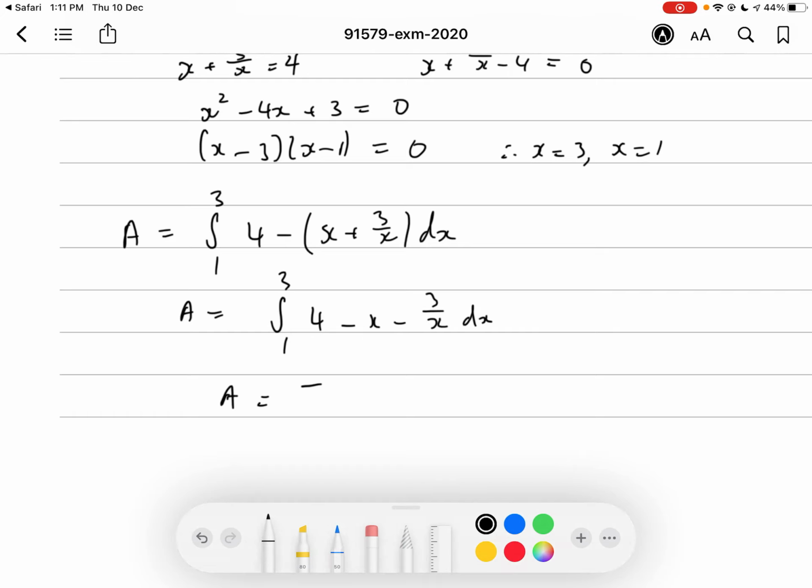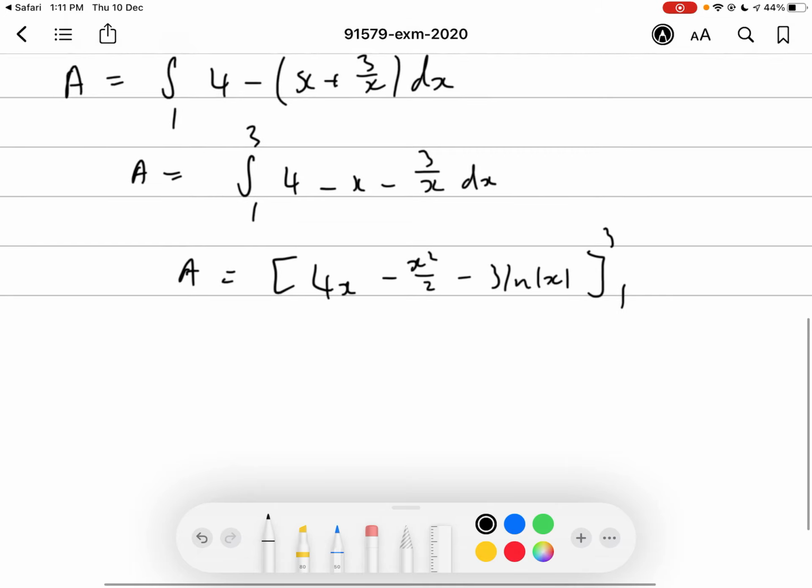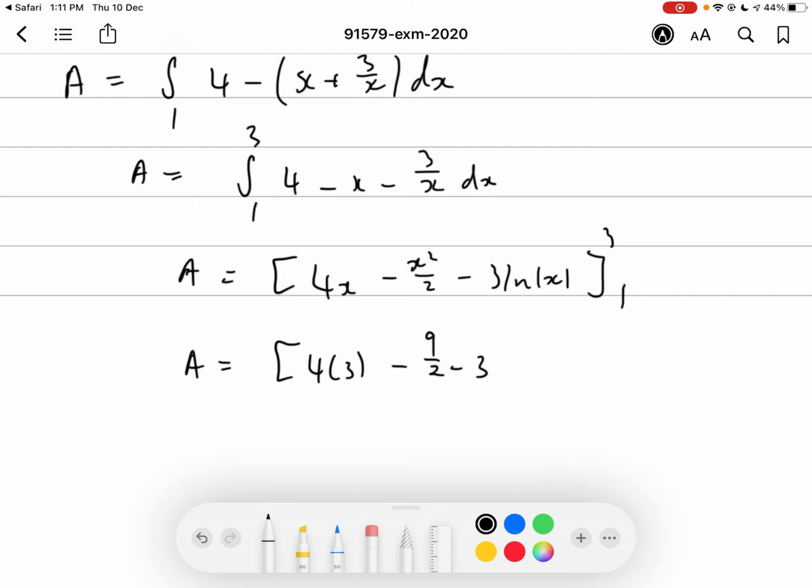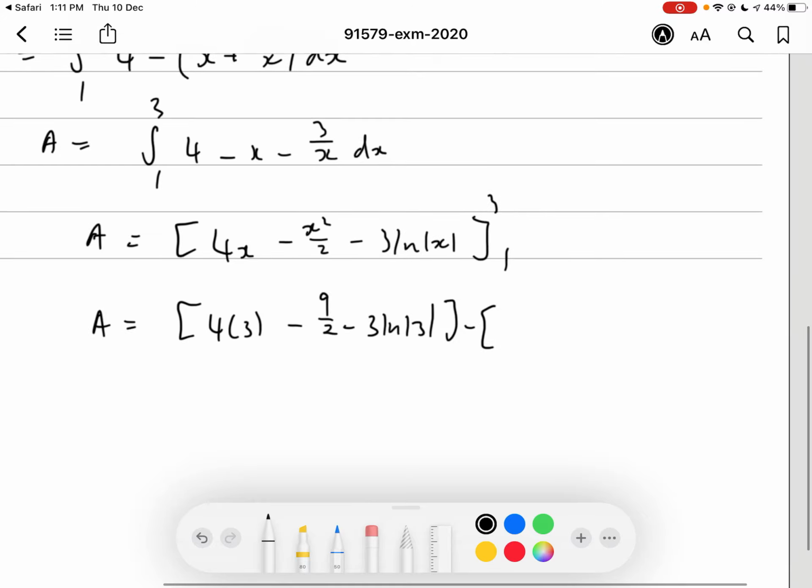And now we can integrate, so area equals the integral of 4 is 4x, the integral of negative x is negative x squared over 2, minus 3 ln of x. Alright, so we just need to plug our values in. So 4 times 3 minus 3 squared, which is 9, over 2, minus 3 ln of 3, minus 4 times 1 minus 1 over 2, minus 3 ln of 1.